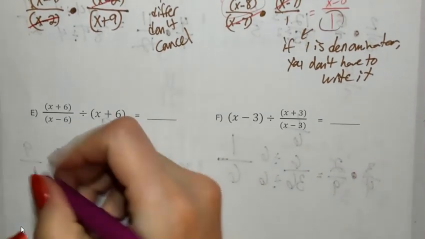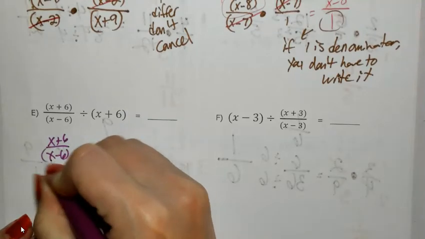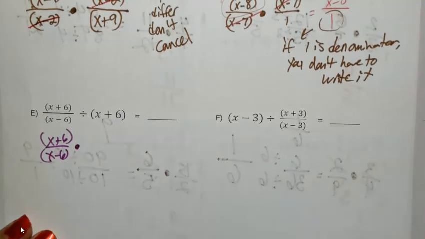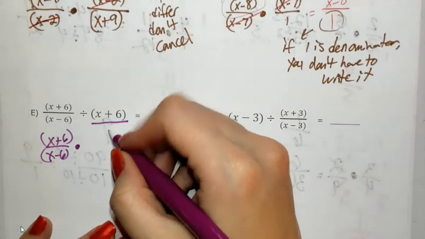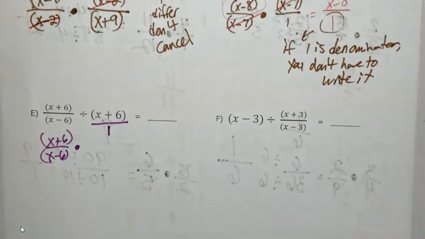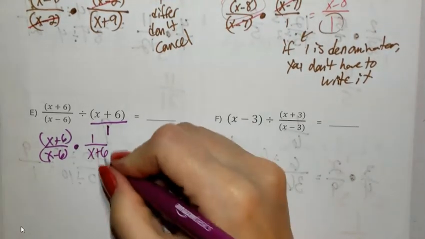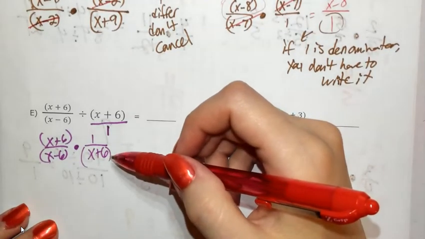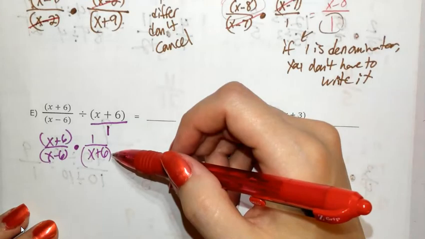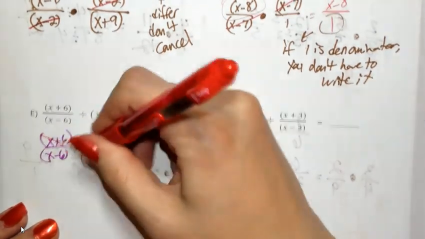So for E, we're going to have x plus 6 over x minus 6. Change to multiplication. Notice we have x plus 6 at the top. We're going to put a 1 at the bottom. Okay, flip it. We have 1 over x plus 6. What cancels here? Yeah, the x plus 6.